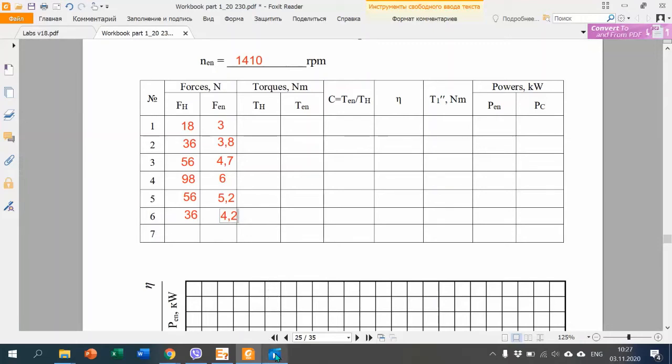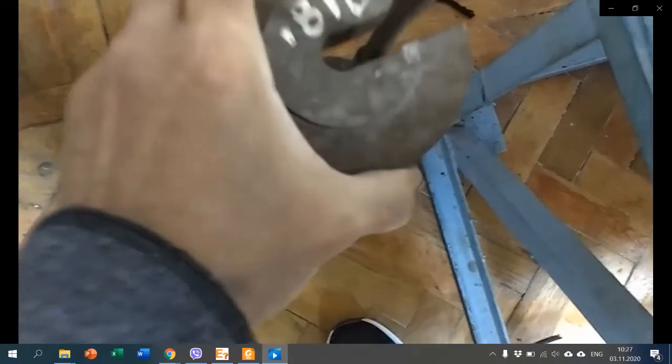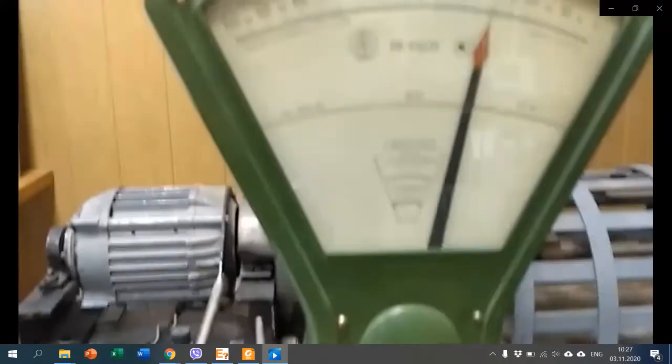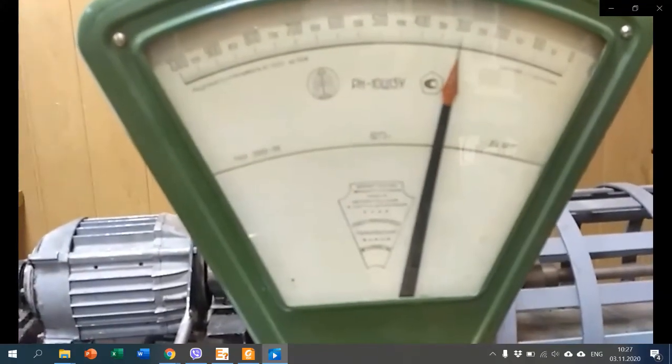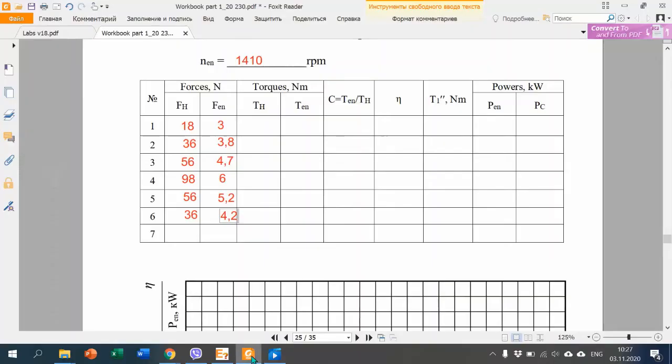And the last point, we delete the last weight and we have 18, and approximately 3.2 newtons.